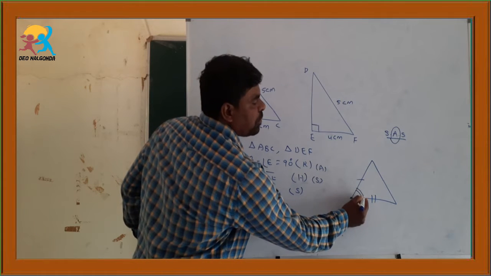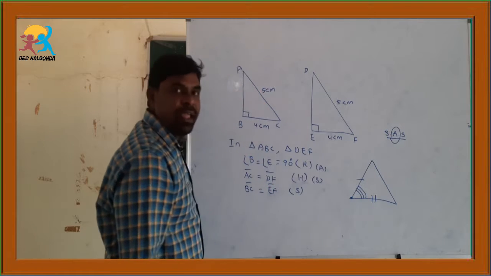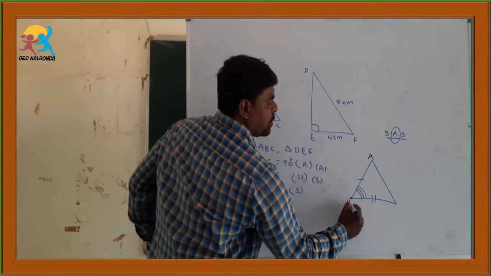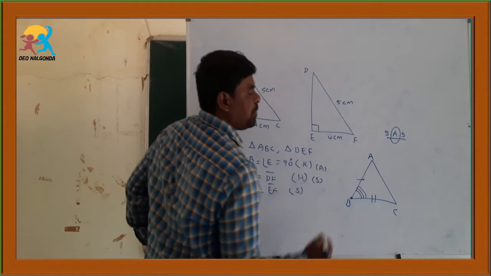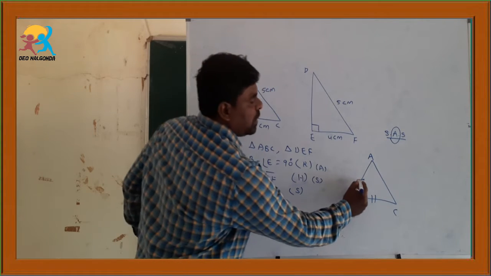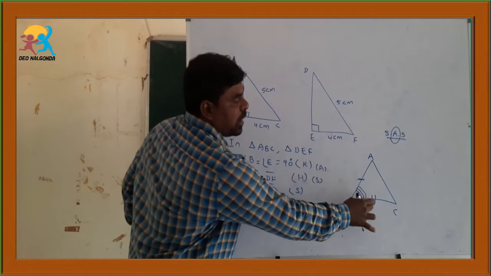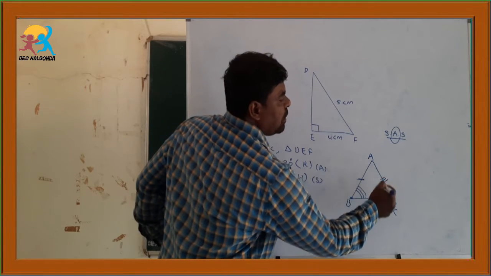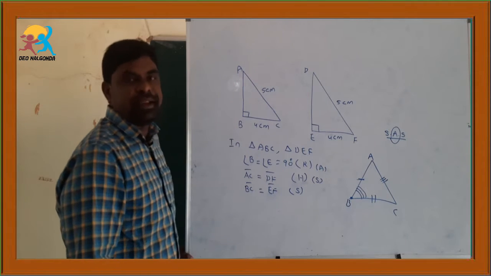It should have three lines. Why? Because in a triangle, if one side is denoted with one line, another one with two lines, then definitely the third side will be denoted with three lines.